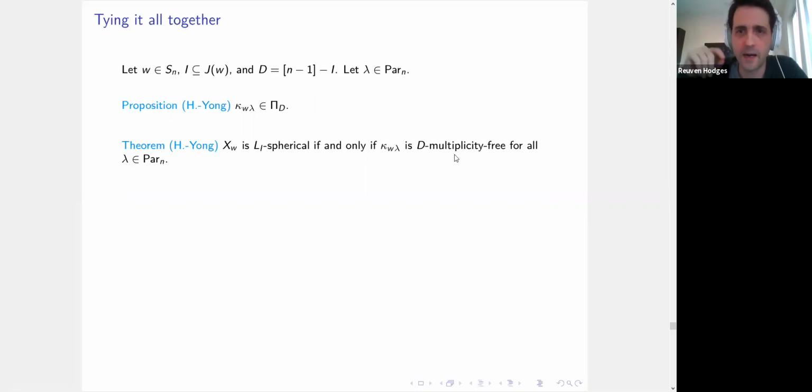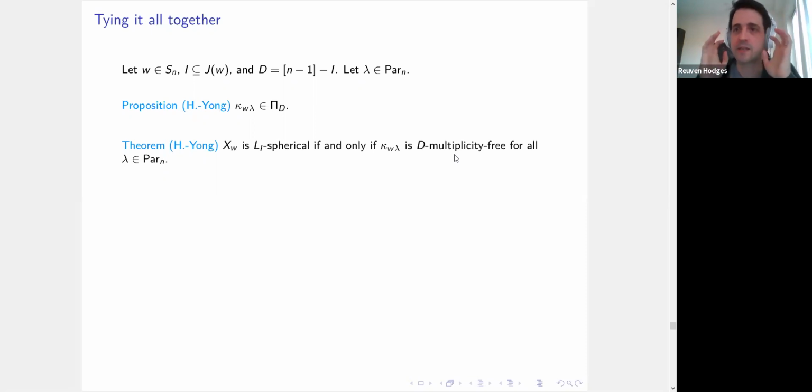I can talk about the proof of this if anyone's interested. There's essentially a geometric, representation theoretic version of this proof having to do with Demazure modules, because these key polynomials are actually characters of Demazure modules.